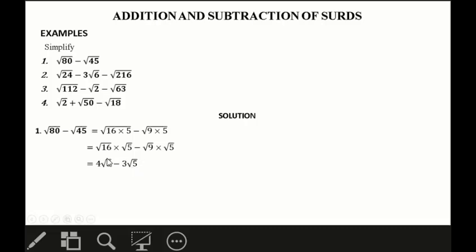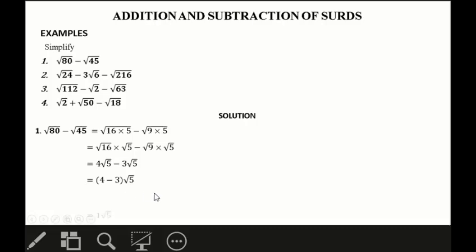So we have 4 root 5 minus 3 root 5. The root 5 are alike. So it means that these are like what? Terms. So it means we can find a difference in the coefficients. So we have 4 minus 3 times root 5. The 4 minus 3 is in one bracket, then we multiply by the root 5.